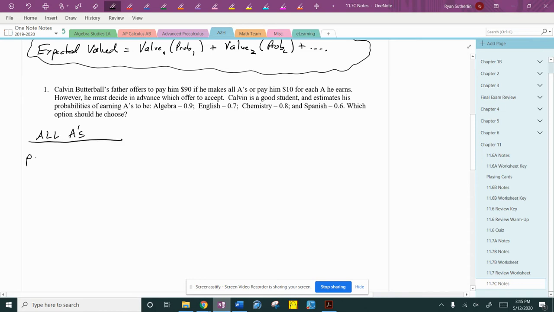First, I need to get the probability that he gets all A's. Well, that's just the probability of getting an A in algebra, 0.9, times the probability of an A in English, 0.7, times the probability in chemistry, 0.8, times the probability in Spanish, 0.6.